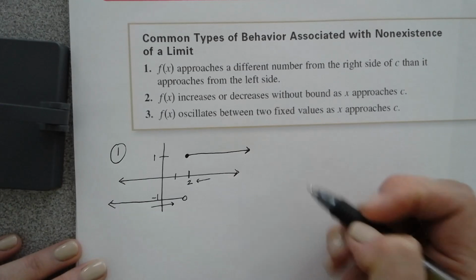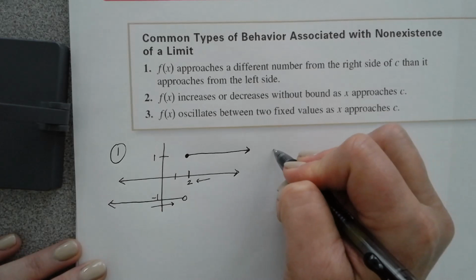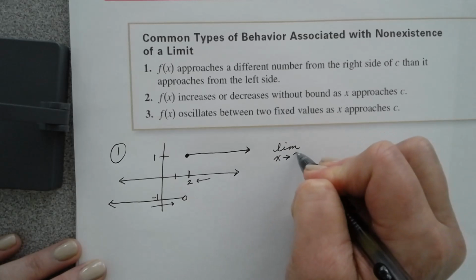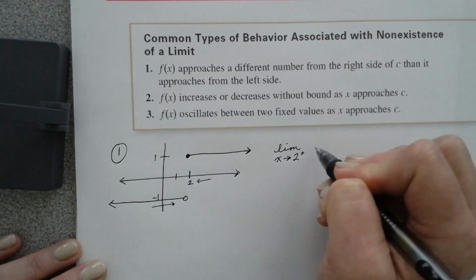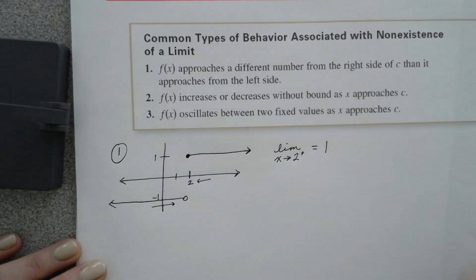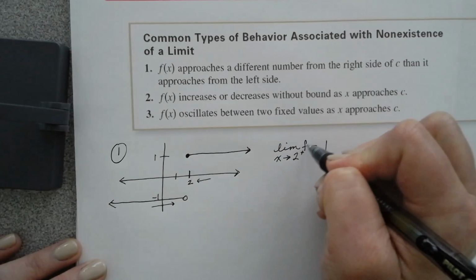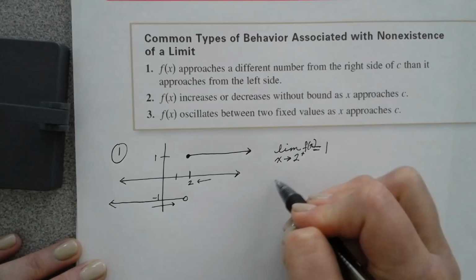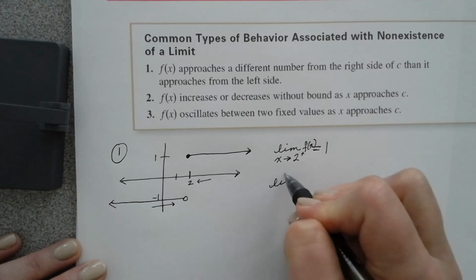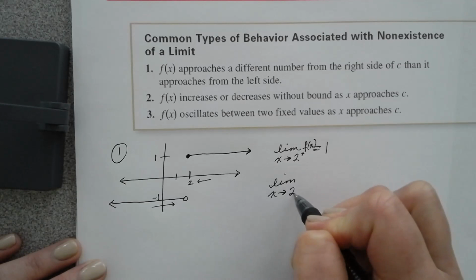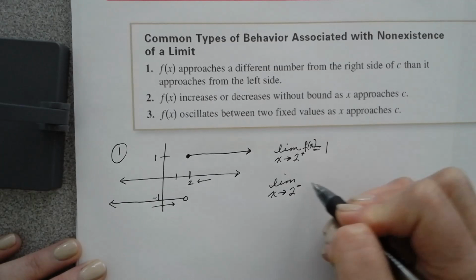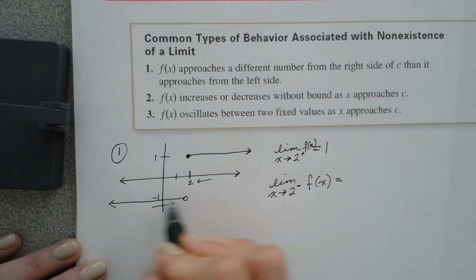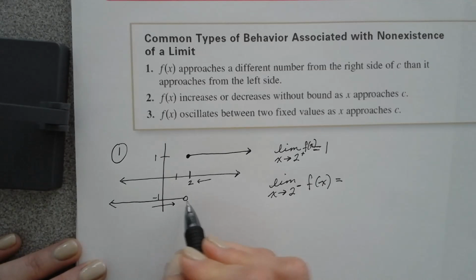The way that we would write that is the limit as x approaches 2 from the right of f of x equals 1. Sorry, I forgot to put f of x in there. But the limit as x approaches 2 from the left of f of x is equal to -1. The y value there is -1.